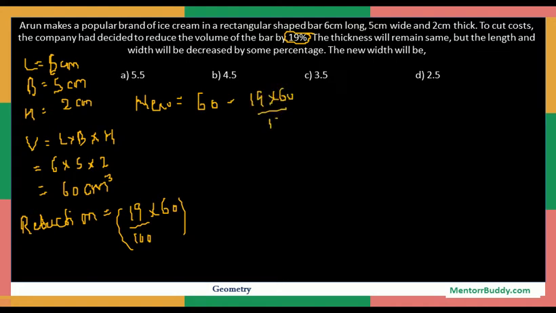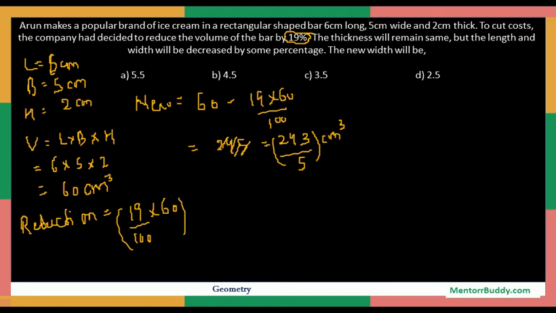That was the reduction. Solving this, that will become 243 by 5 centimeter cube. So this is going to be the new volume.